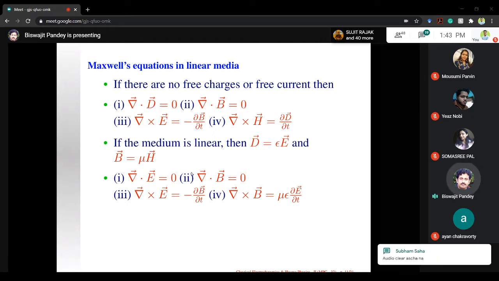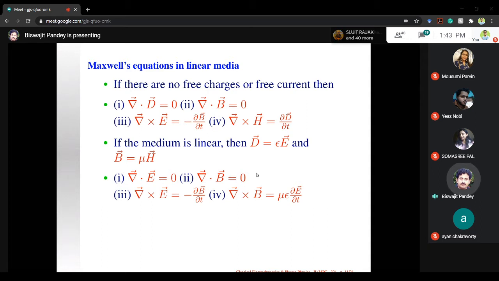So these are Maxwell's equations in a linear homogeneous medium where there is no free charge density and no free current density. Once we have these equations in matter, we can again easily combine them into two wave equations, just like the wave equation in free space.